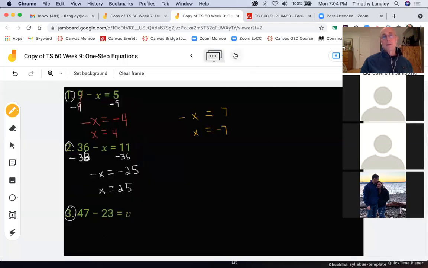Then we talked about what happens when I'm subtracting, but we have a negative x, okay, here. Well, I said to go ahead and just do the same thing. This is a positive 9. Subtract 9 from both sides and get negative x equals negative 4. And when you have the negative x, just flip the signs on both sides, basically, because that's what would happen if you multiplied by negative 1.